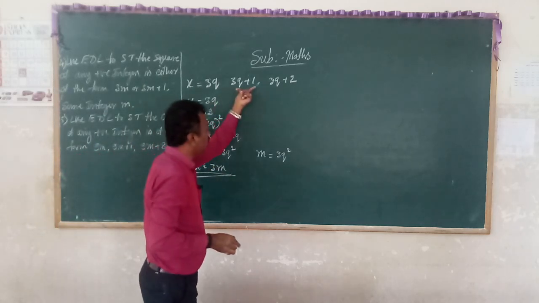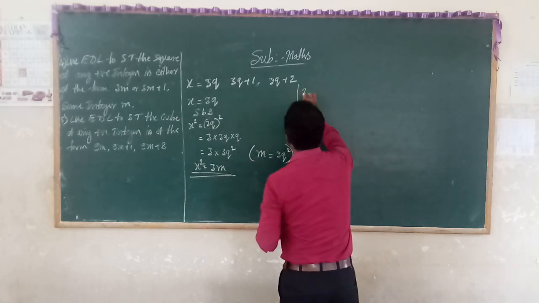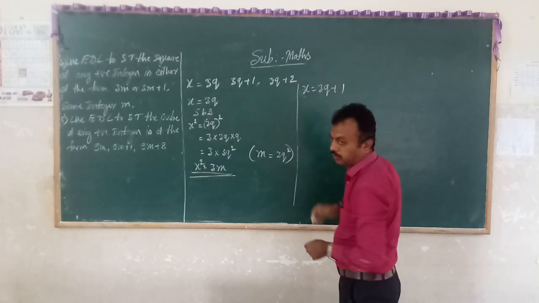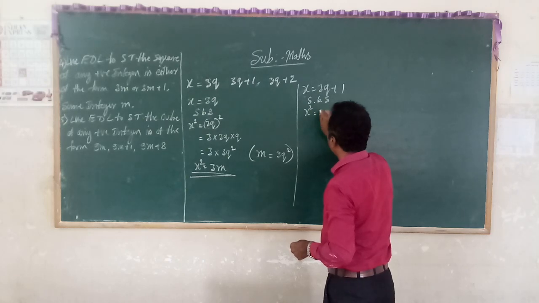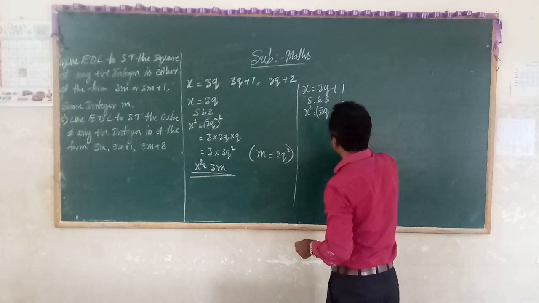I will take 3q plus 1. x is equal to 3q plus 1. So again squaring on both sides, x square is equal to 3q plus 1 whole square.